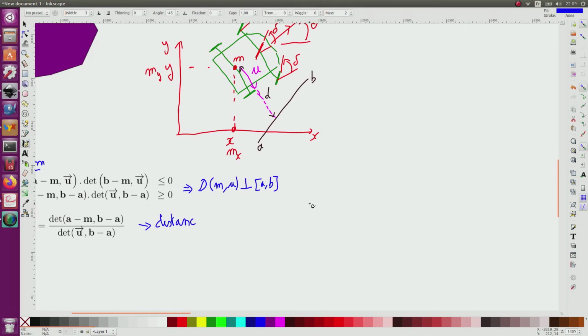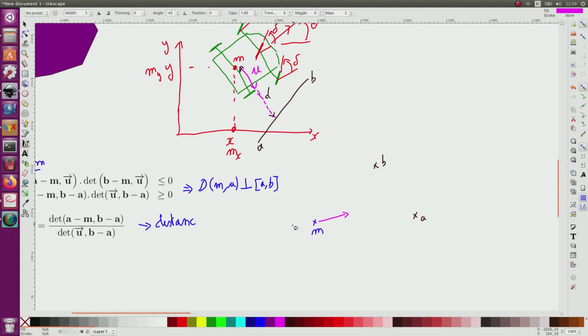So for this, I will draw the picture. I have here A and B. I have the point M, which is here, and I have the vector U, which is like this.